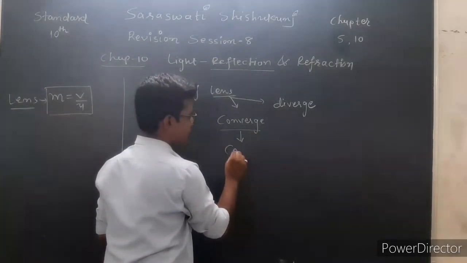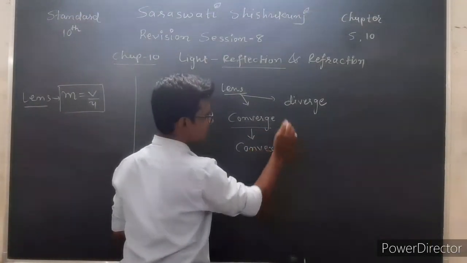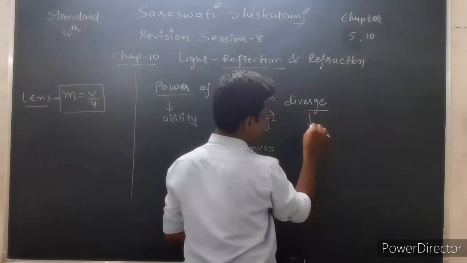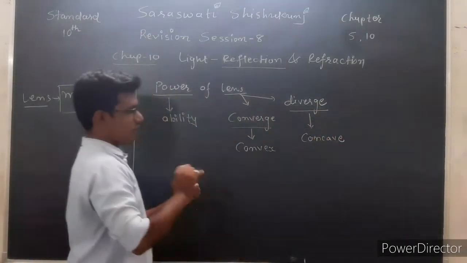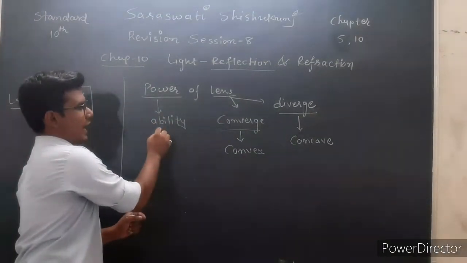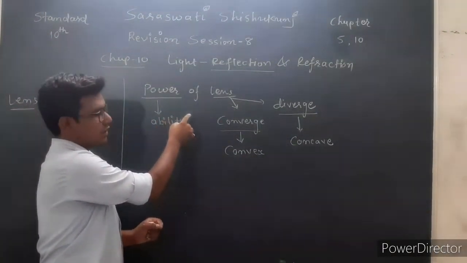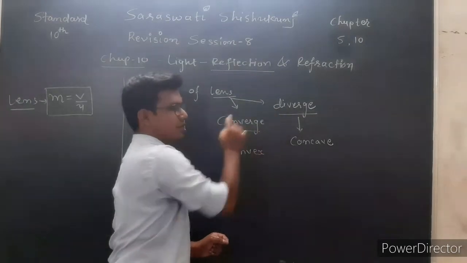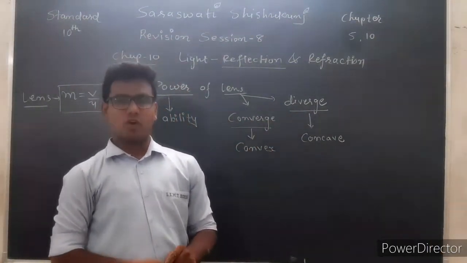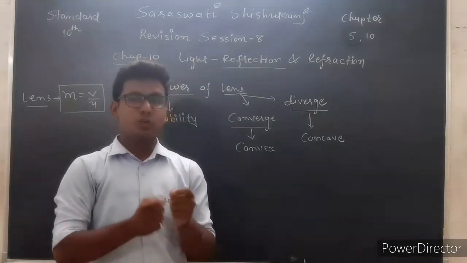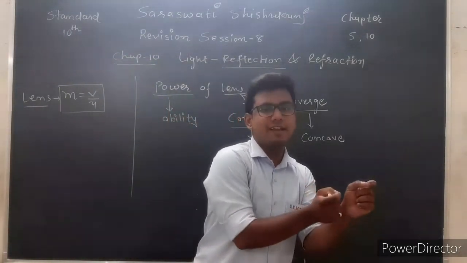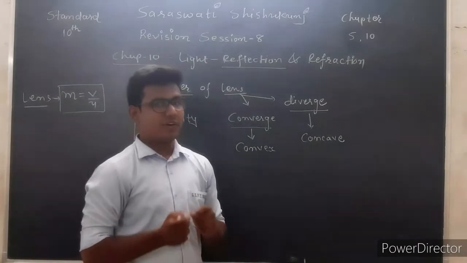We know that convex lens is converging, while for diverging we have concave lens. So how can we define it? The ability of lens to converge or to diverge the light ray, that is called power of lens.